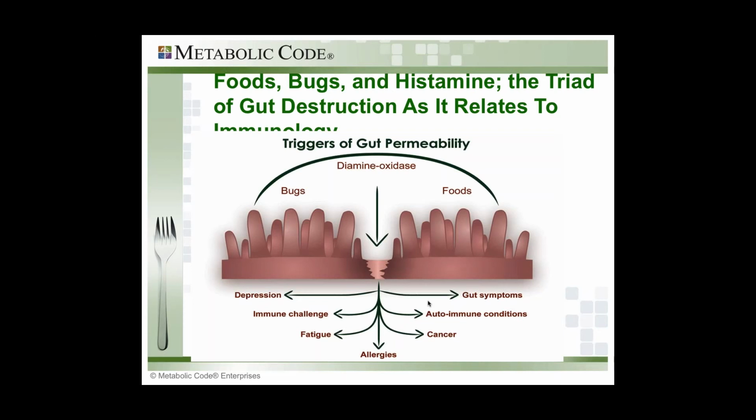And therefore, your body can't keep up with breaking it down because the diamine oxidase can get all used up. And when you don't have enough diamine oxidase, you lose your tight junction proteins. So that's the gap showing there between the cells, and what that process leads to then are these many symptoms that can occur as a result of all this.